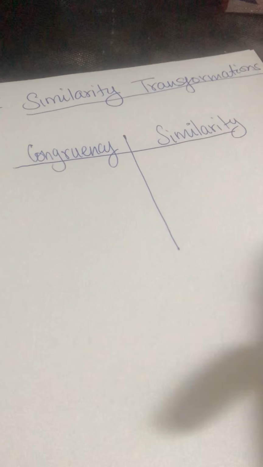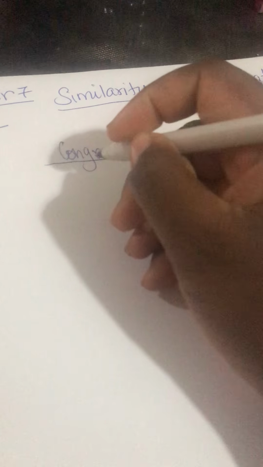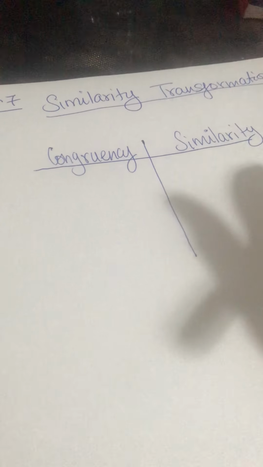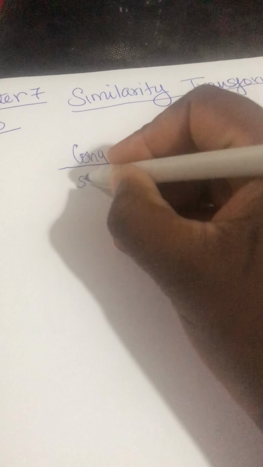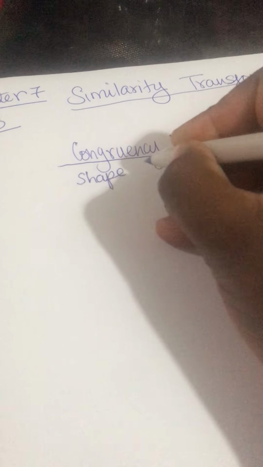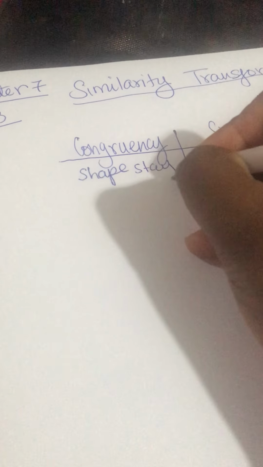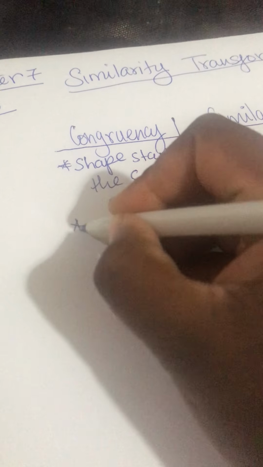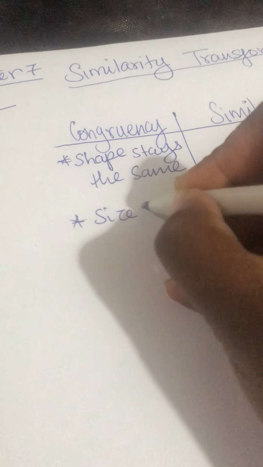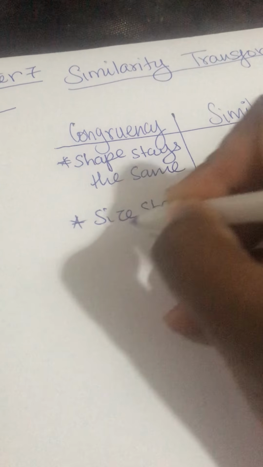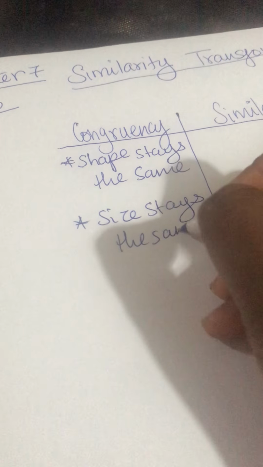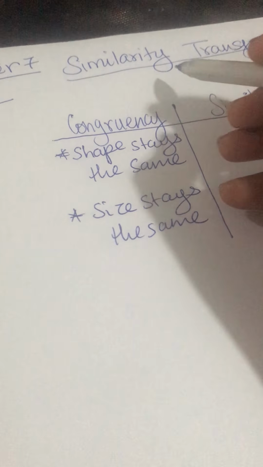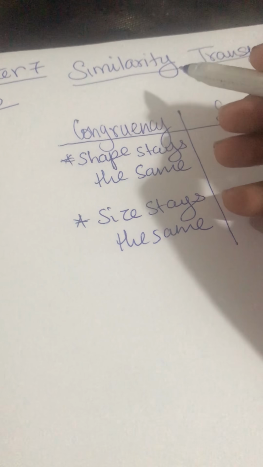Now, the transformations for congruency, meaning once I do the transformation, the shape stays the same, and the size stays the same. Now, which transformations deal with congruency?